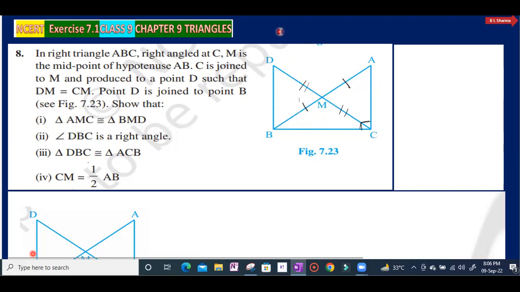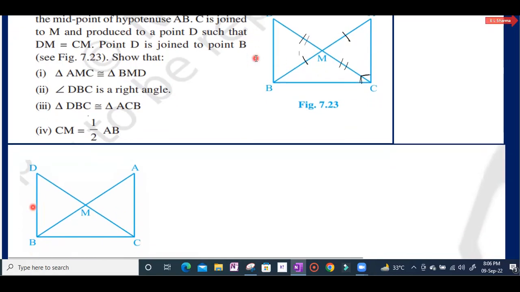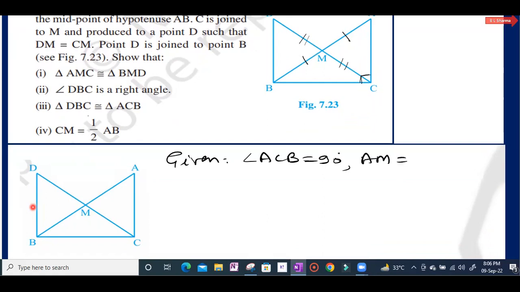So first we write what is given here. Angle ACB is 90 degrees. AM is equal to BM, it is given. And it is also given that CM is equal to DM.